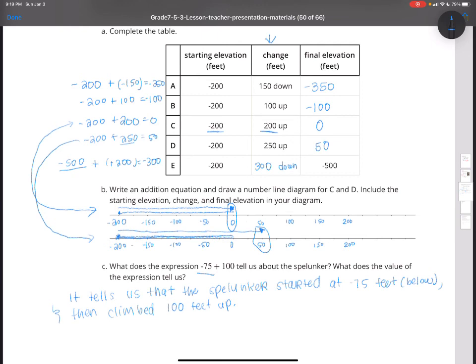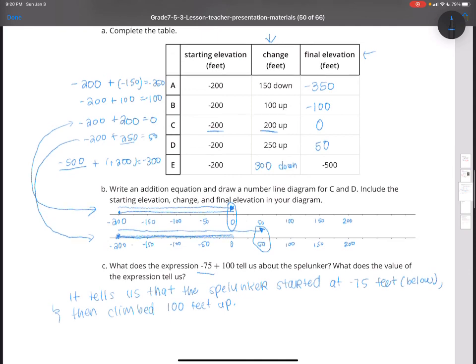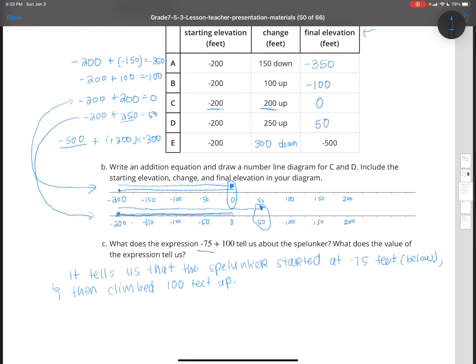Okay? So even though it's saying what's the value of the expression, it's basically asking us what's the final elevation. Okay? So her final elevation would be 25. If I had to create a number line, I will break it into increments of 25. So negative 25, negative 50, negative 75. And I'm going to reflect the same number line on the other side.